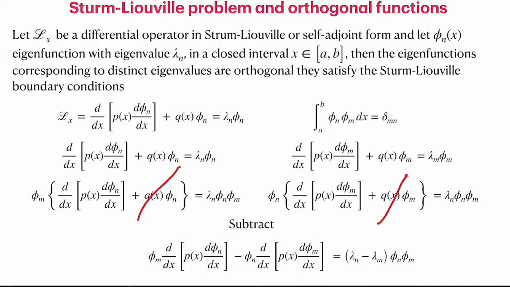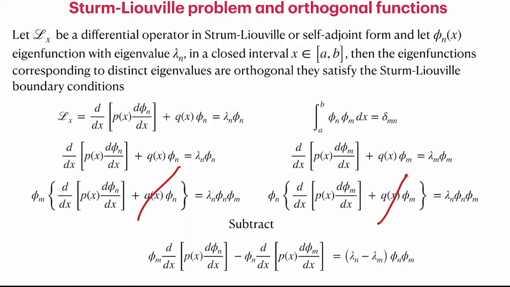Now these combinations are such that we can easily drag phi m inside this differentiation and phi n inside this differentiation, because the extra terms needed because of the chain rule exactly cancel out.